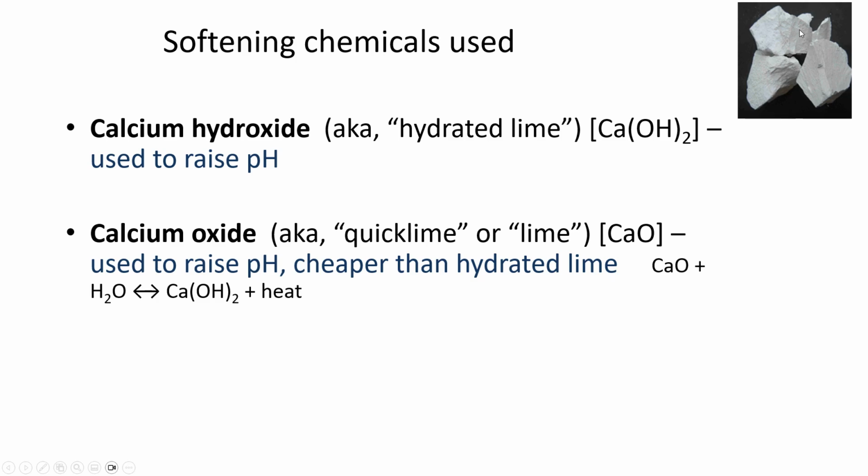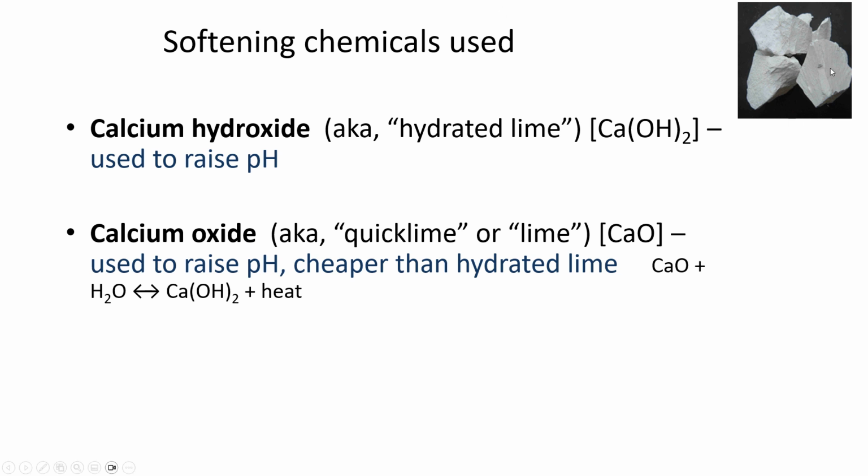You put it in the water. It gives off an enormous amount of heat. It's very exothermic, and so it's one of those reactions that we have to be a little bit cautious about in the water treatment plant because it could, in theory, cause the water to boil, or if you add it too quickly, it could cause the water to splash all over the place.